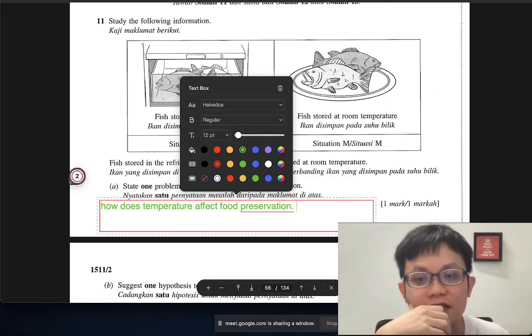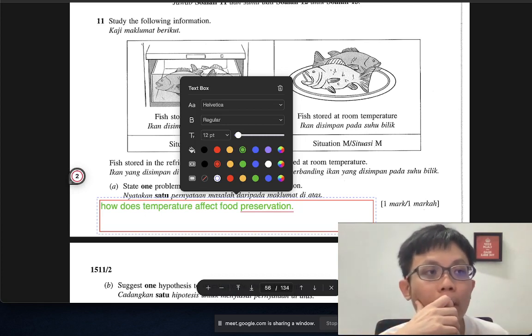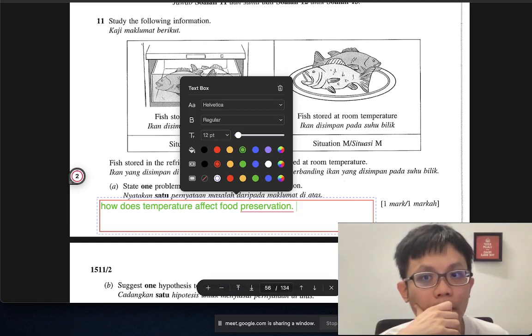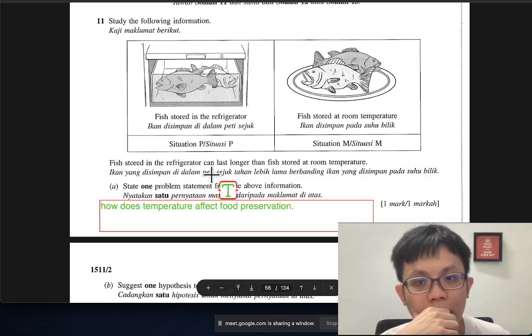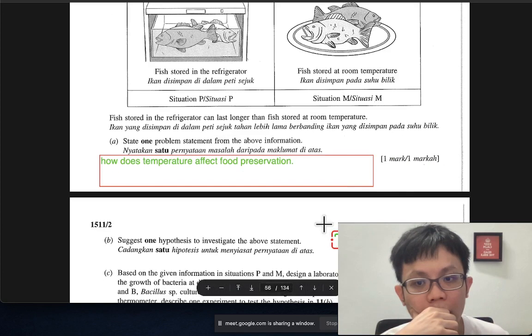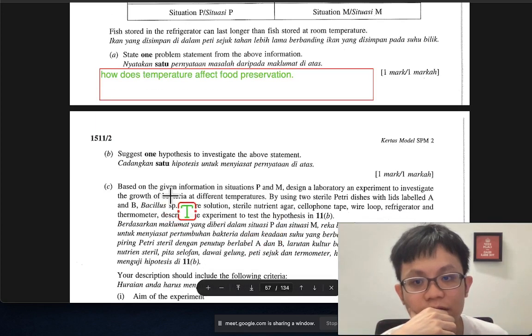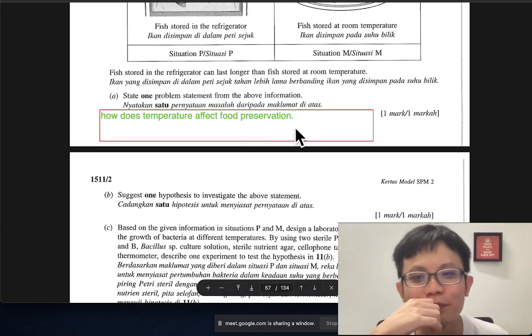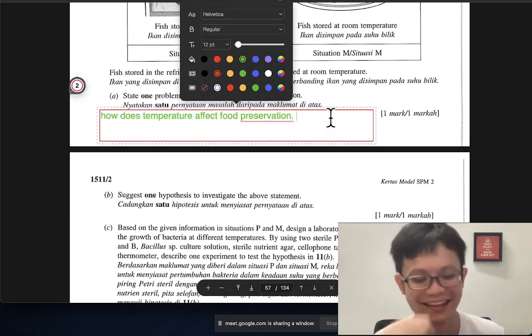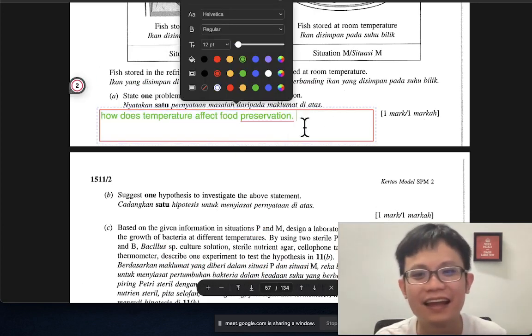Actually, this one is about food preservation or growth of bacteria, growth of microorganisms. Wait, let me read the following question. Yeah, actually, microorganism. I can't see the question below, so yeah.